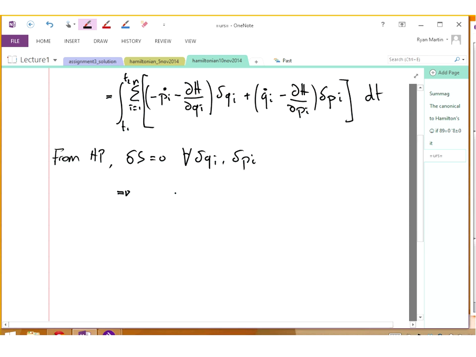So hence, q_i dot must equal ∂H/∂p_i, and p_i dot must equal minus ∂H/∂q_i. And so again, these are the canonical equations.